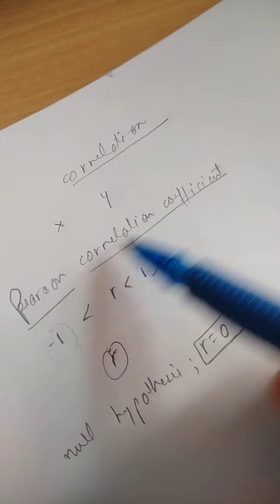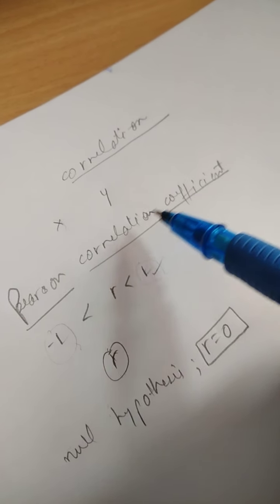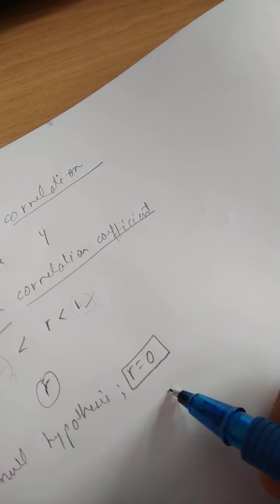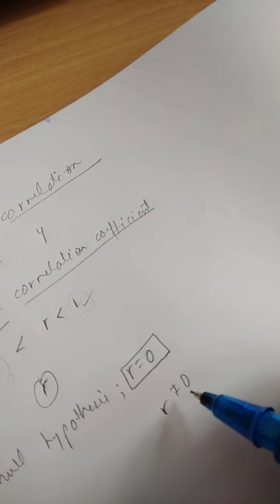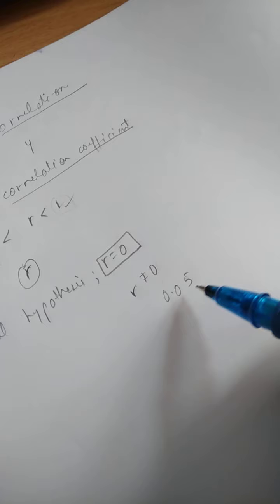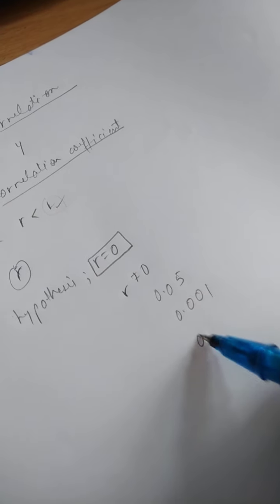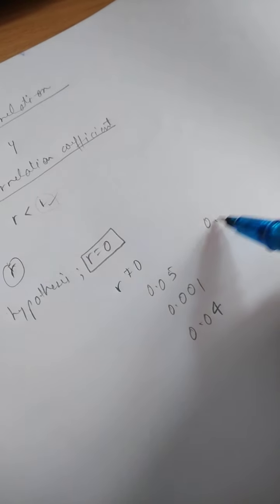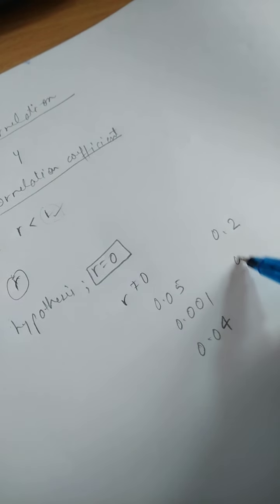Now we calculate the R value using the Pearson correlation coefficient, and we get some deviation, that is, R is not coming out to be 0. There is some deviation, and the deviation can be slight, something close to 0, or a bigger value, say 0.2, 0.3, 0.7. It depends upon the data itself.